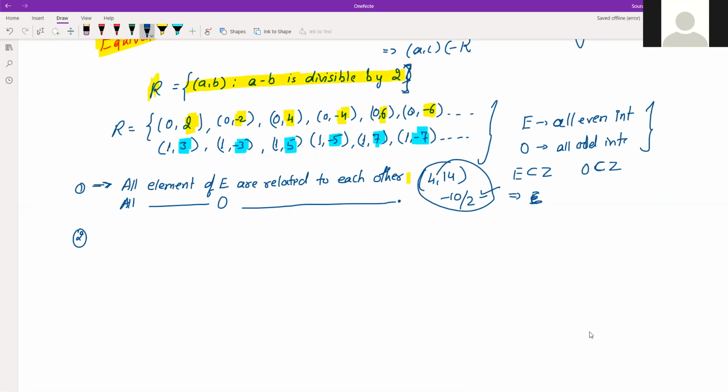Second point is that no element of E is related to any element of O under this relation, and vice versa.